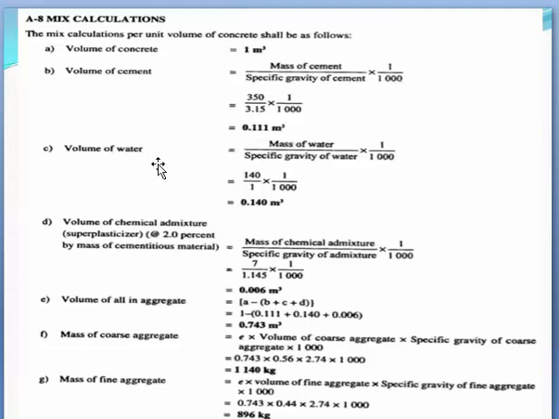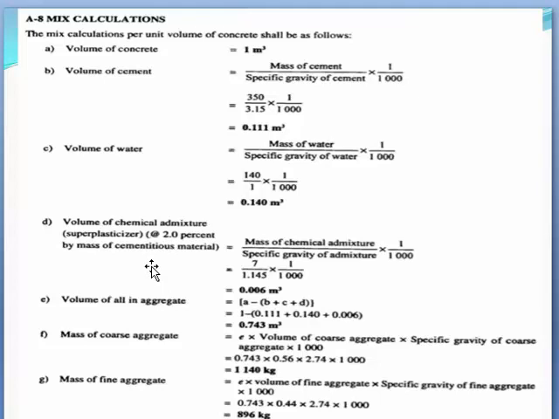Volume of water will be the mass upon specific gravity of the water multiplied by 1 upon 1000, which is 0.140 meter cube, right. Volume of chemical admixture: chemical admixture is taken at the rate of 2% by mass of the cementitious material.